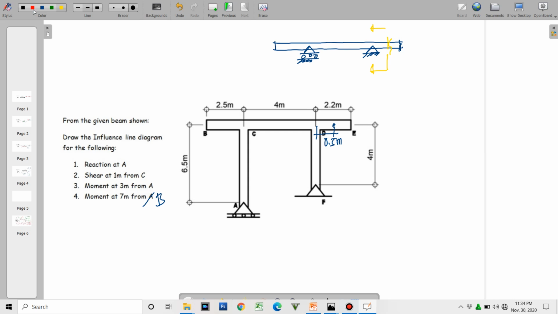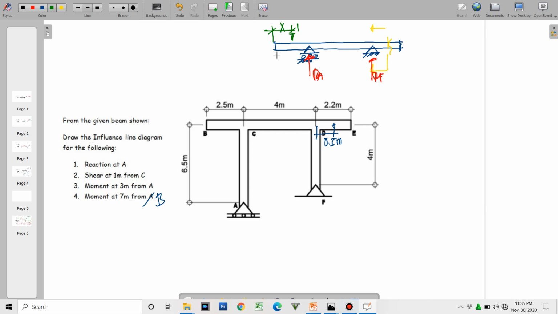Note that we will be needing here RE and RF. So we allow a unit load that has changing location, starting from left to right.